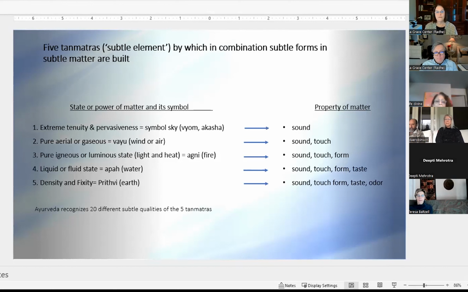And from there, fire, evolving out of this pure gaseous state and moving in it, is this luminous energy that's produced by heat.